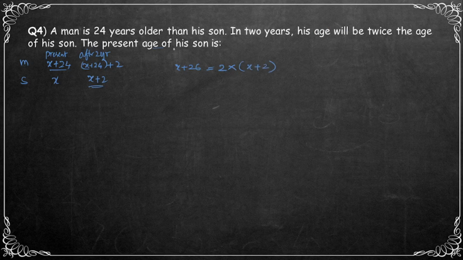Now they are asking for present age of son, which is x. So x is equal to question mark. So we need to find x. So x plus 26 is equal to 2x plus 4. So x is equal to 22. So answer is 22 years.